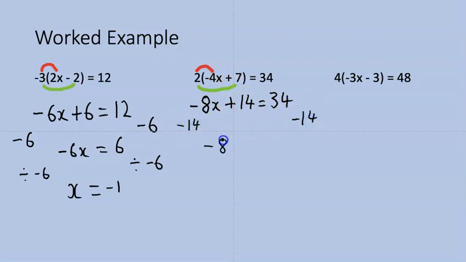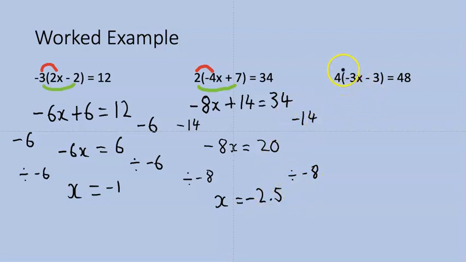So minus 8x gives me 20. Now you could probably see that 8 doesn't go into 20, but that doesn't matter. We still do the same process. We divide by minus 8. Minus 8 divided by minus 8 gives me 1, so that's just x. 20 divided by 8 is going to give me 2.5. So I'm going to write minus 2.5 instead.